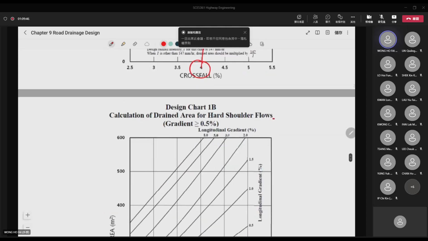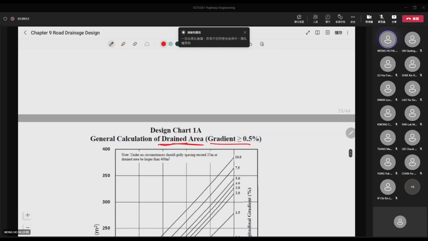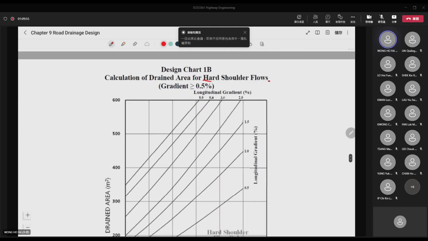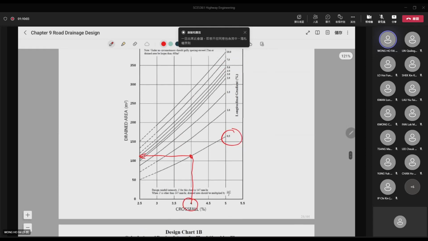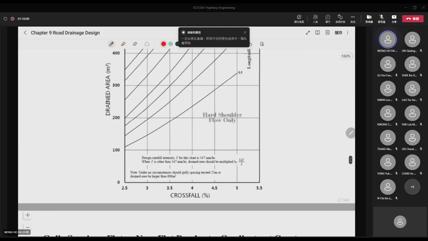And then this one is what we call the calculation of the drained area. This one is for hard shoulder flows. So again, they are not the same, because this is for general, and this is for the hard shoulder flow only.